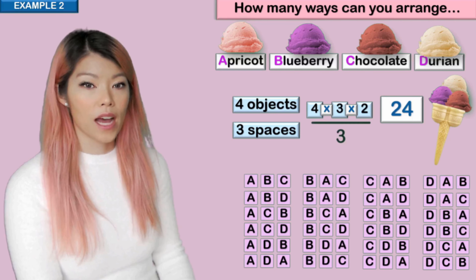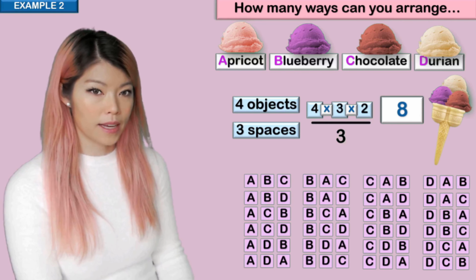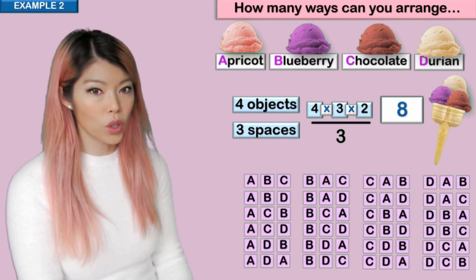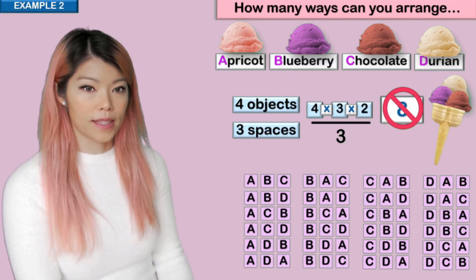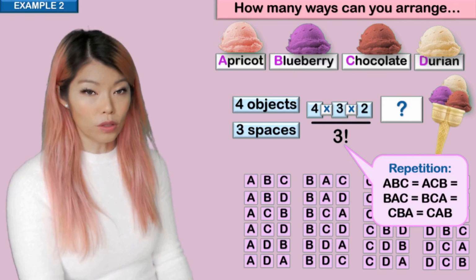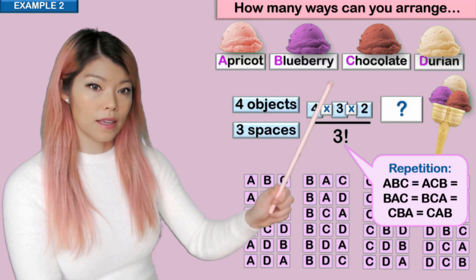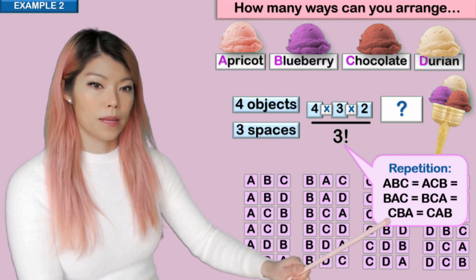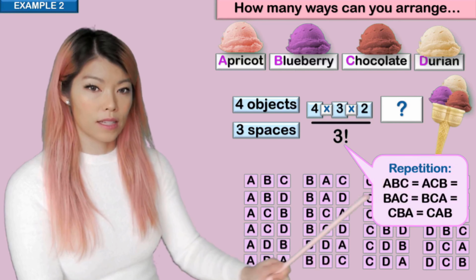We can see that we can't just divide by 3 and obtain 8 because these 3 flavors are repeated more than 3 times. These 3 flavors are actually repeated 3 factorial times. So ABC is the same as ACB, BAC, BCA, CBA, and CAB. We've done this before.